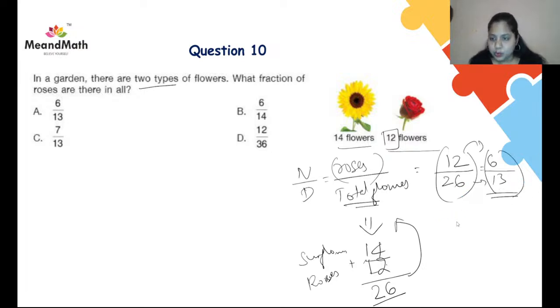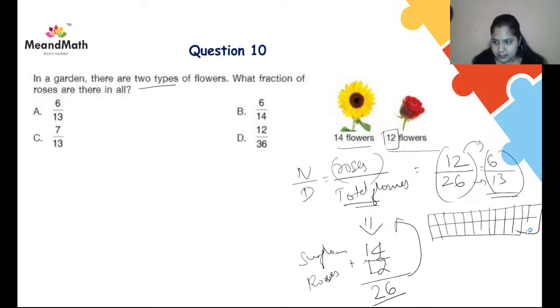Here you can see the 26 flowers, 1, 2, 3, 4, 5, 6, 7, 8, 9, 10, and so on up to 12. Out of 26 flowers, they are grouping 2 flowers as one part, right? So out of 12 flowers, 2, 4, 6, 8, 10, 12, the shaded part are the roses.